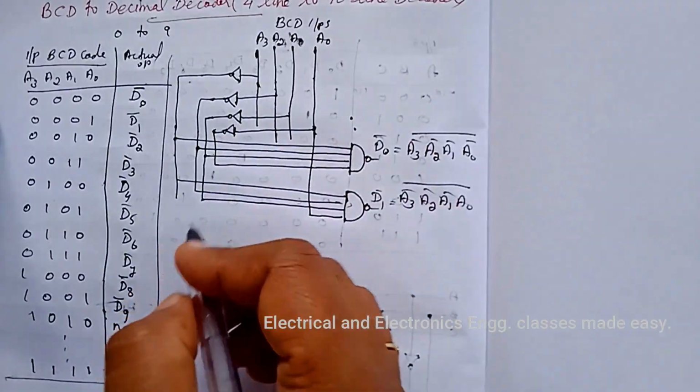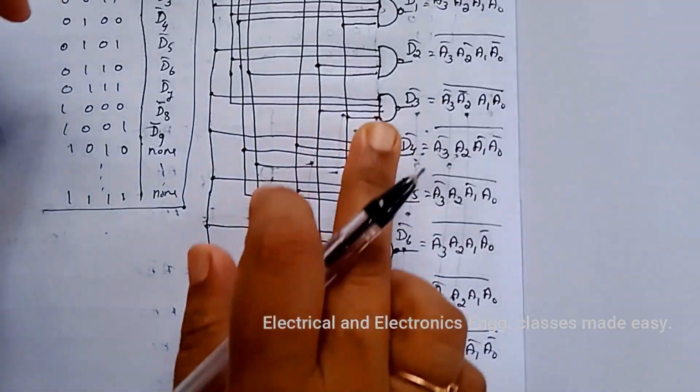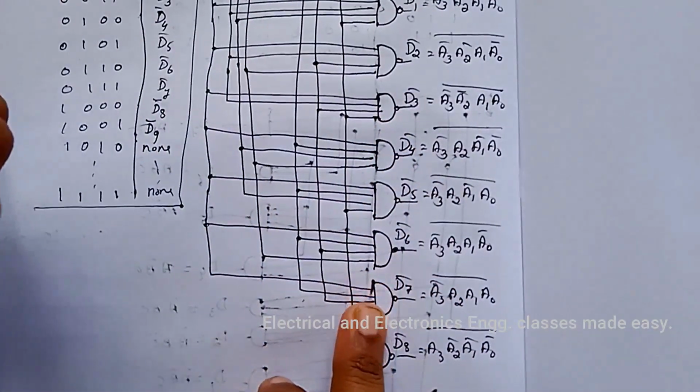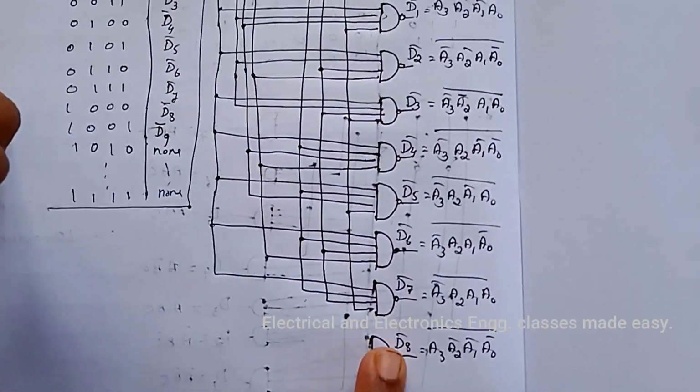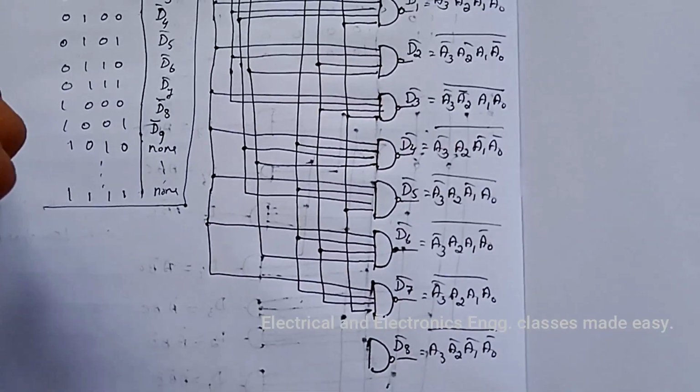Like this all the outputs we can draw. So like that, draw every output. D8 bar. D8 bar is A3, A2 bar, A1 bar, A0 bar.